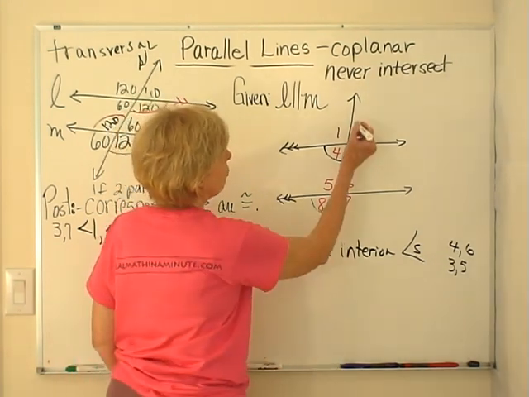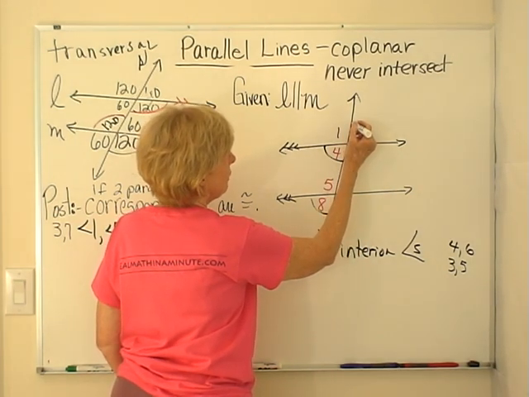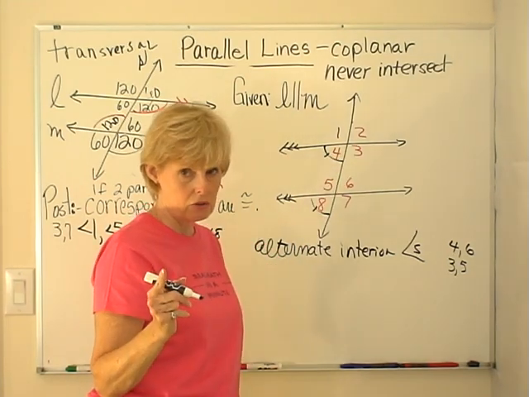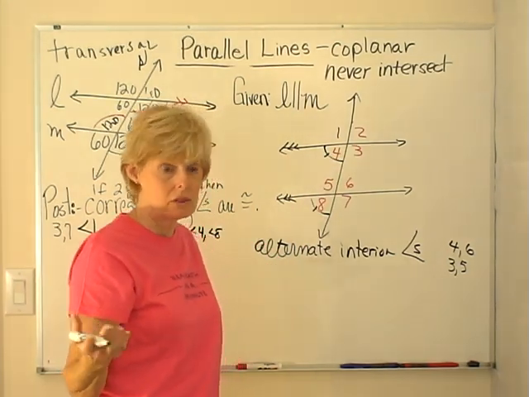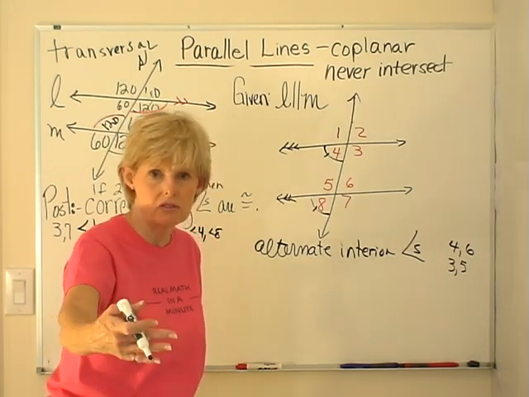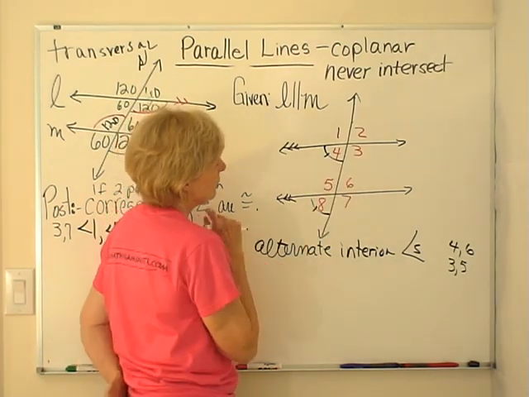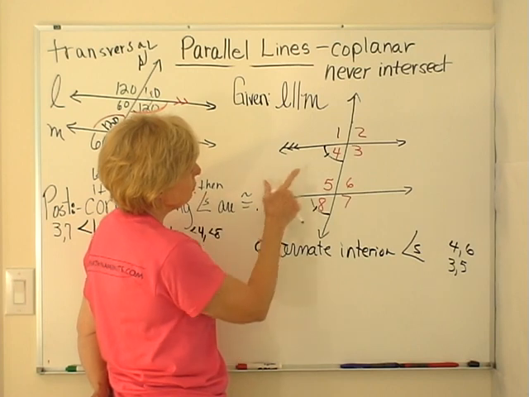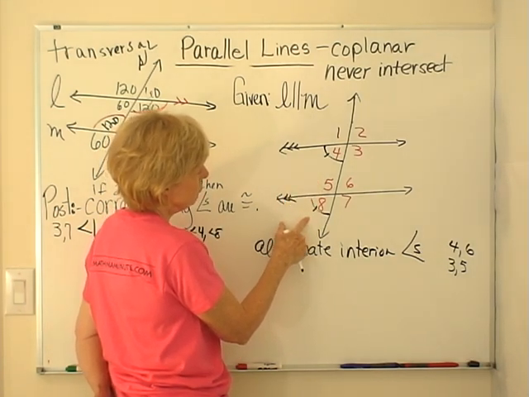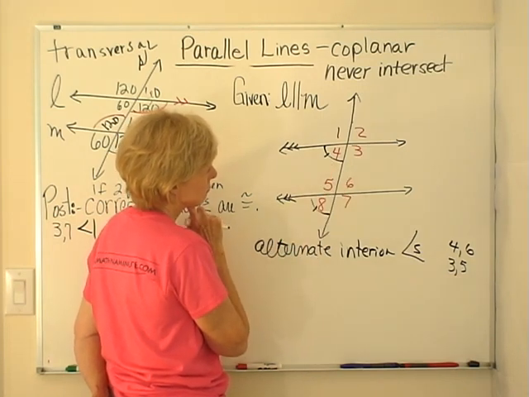We know that if the lines are parallel, and they are, angle 4 and angle 8 are definitely congruent because they're corresponding angles. So the only ones we're wondering, would 4 and 6 always be congruent? Now you look at it and you tell me what you think. We know 4 is congruent to 8. Can we figure out that 4 would have to be congruent to 6?